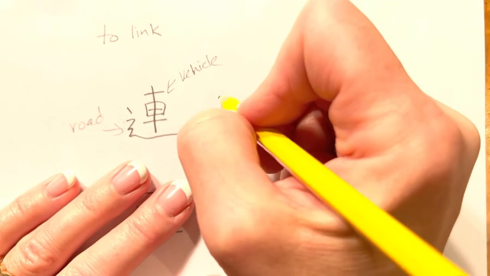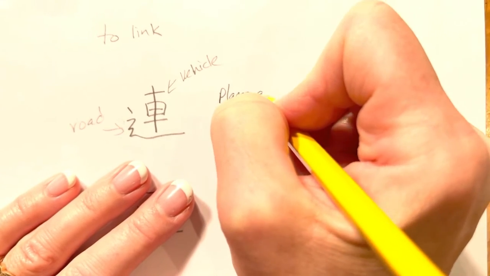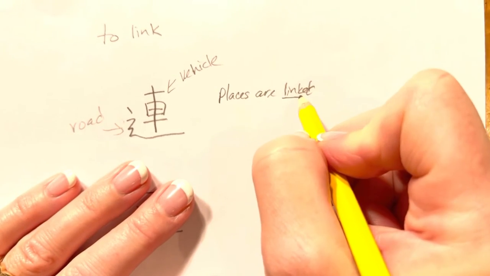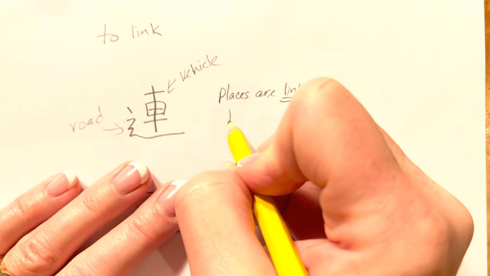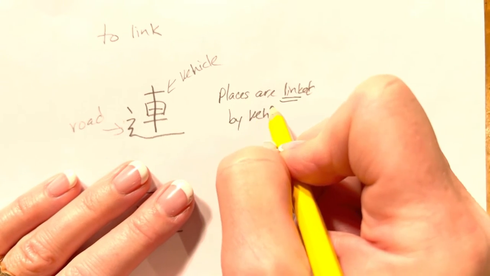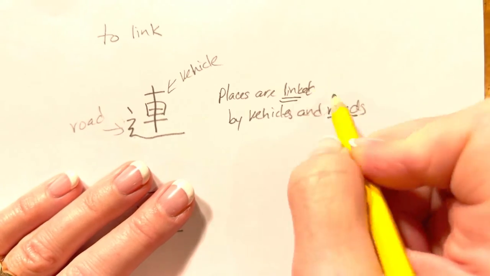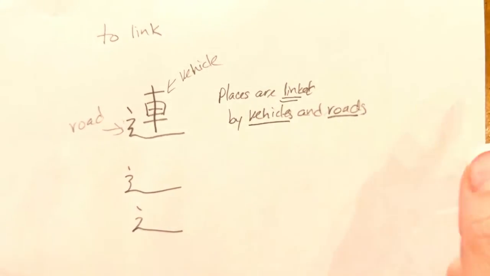So let's say places are linked. Okay, we have linked by vehicles and roads. So we've got road and we have vehicle. All right, so that was link.